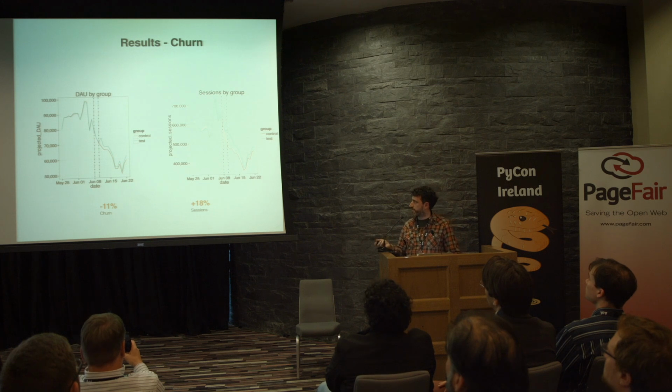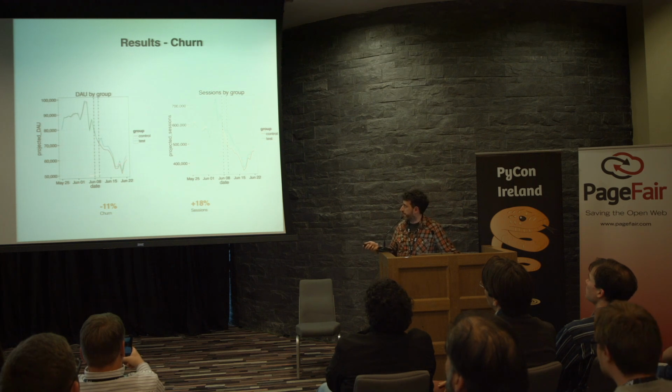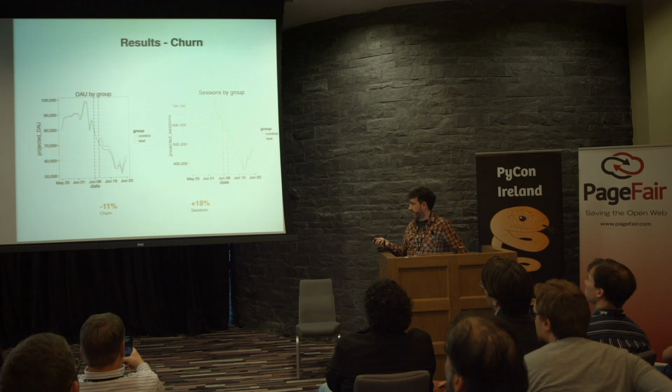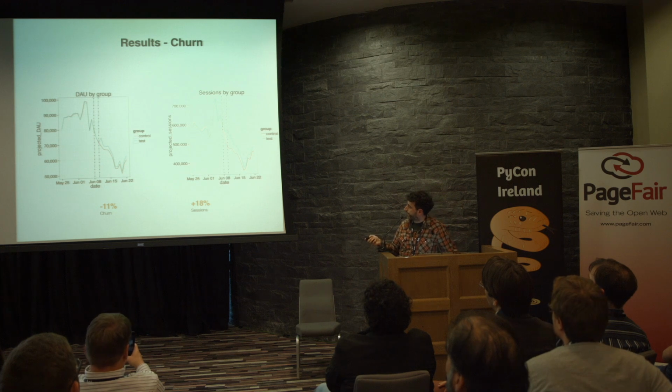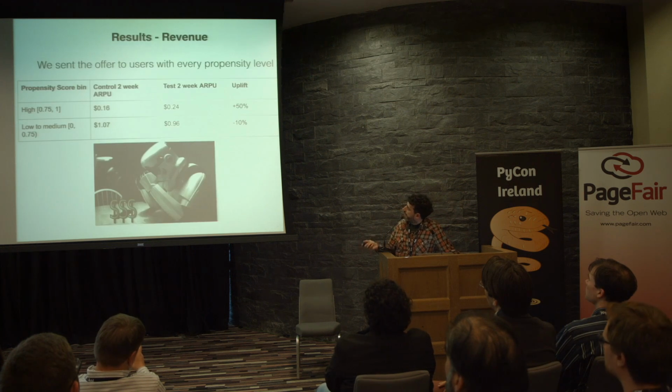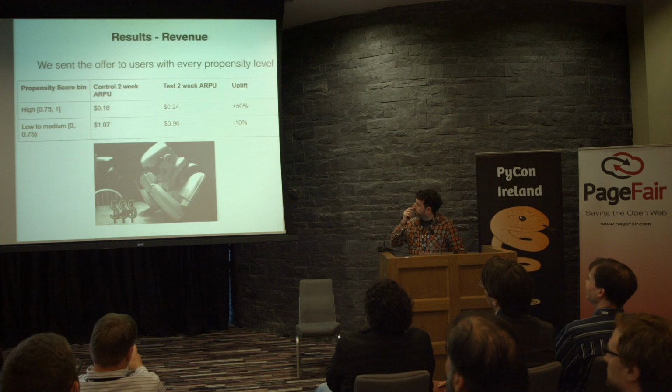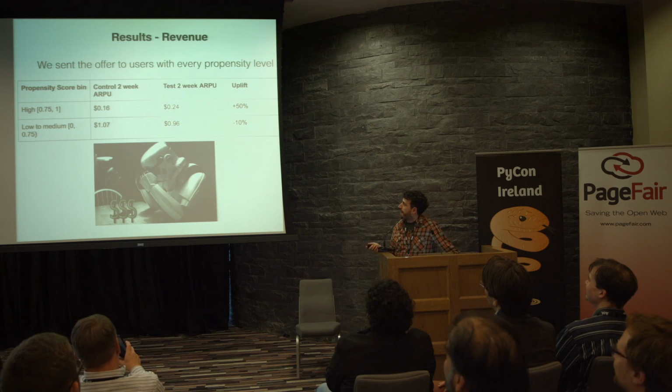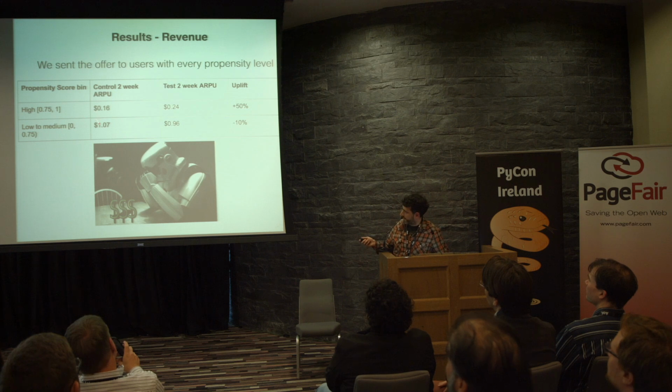And these are the results we saw. We were actually able to reduce churn overall by 11%, which is great, and increase session time. However, looking at the revenue, we might have regretted something here. So we sent it to everybody.